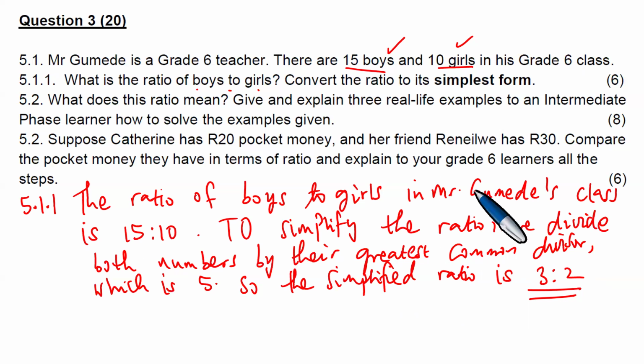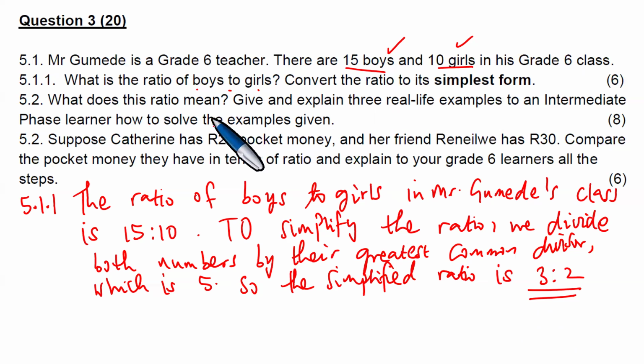Good. So we're just discussing ratios because they're examinable, and the simplest form of this ratio is actually 3:2, which is the ratio of the boys to girls. What does this ratio mean?